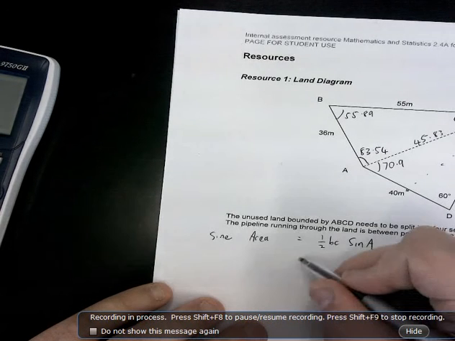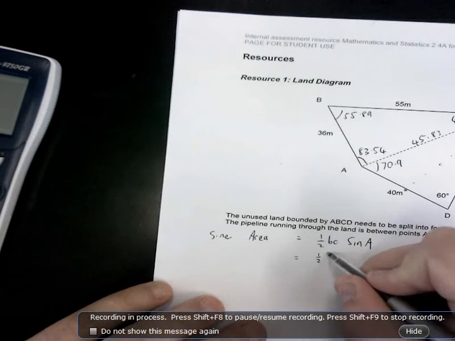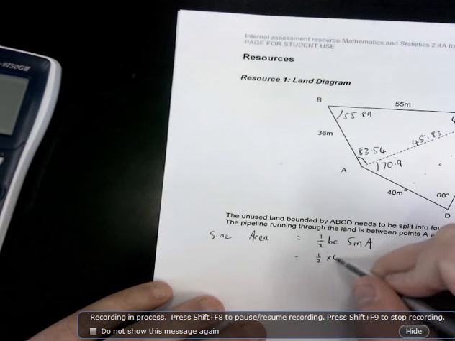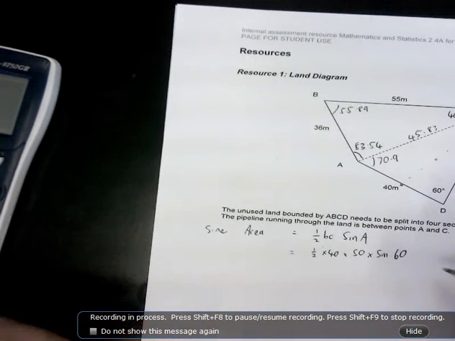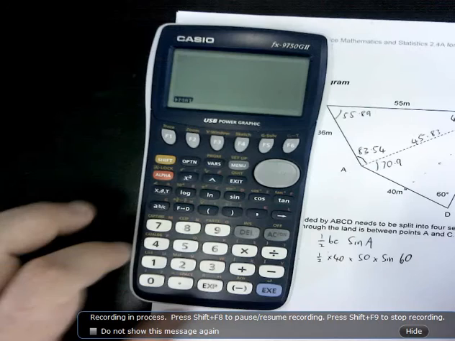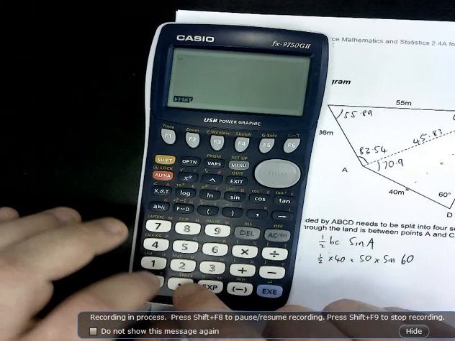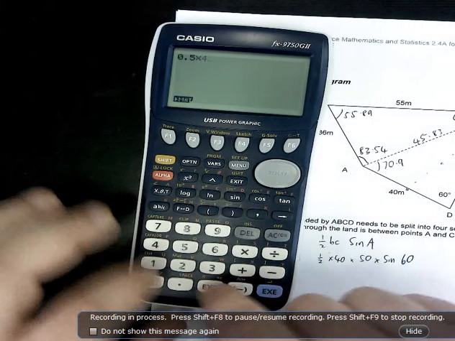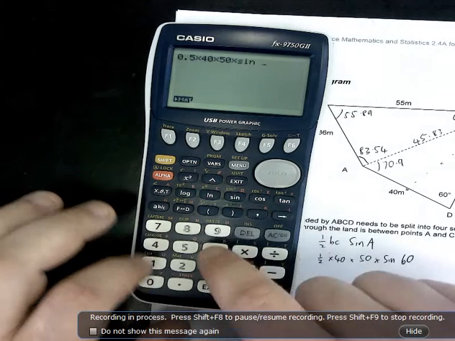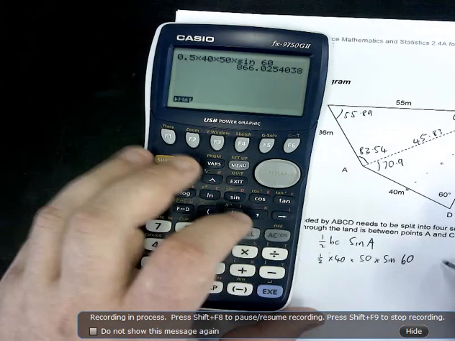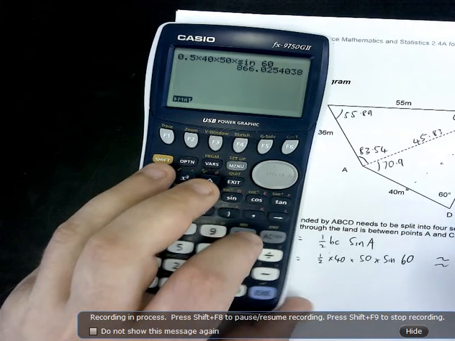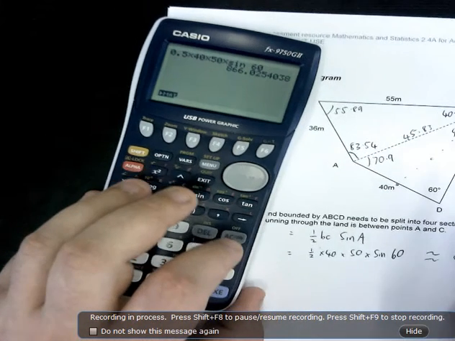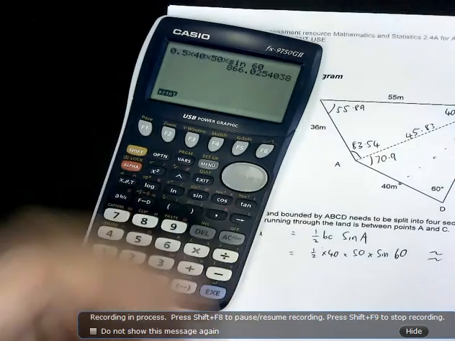So that equals a half times 40 times 50 times sine 60. It's about 866 meters squared. So I know that I can break this into 2 triangles. It's just a case of how.